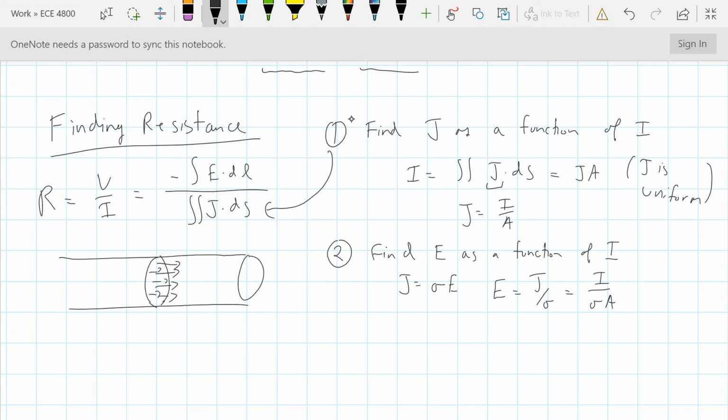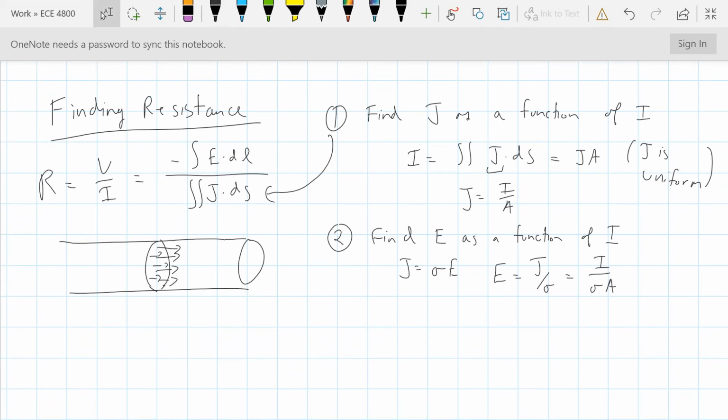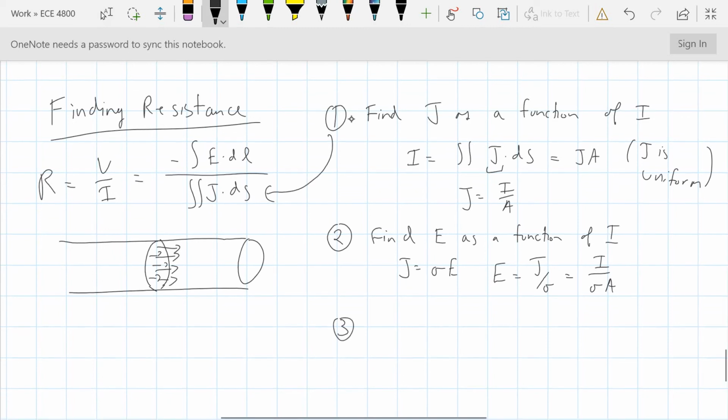The second step was an intermediate step, which helps us with step 3, where we figure out the numerator. Step 3 is find V, the voltage, as a function of I.